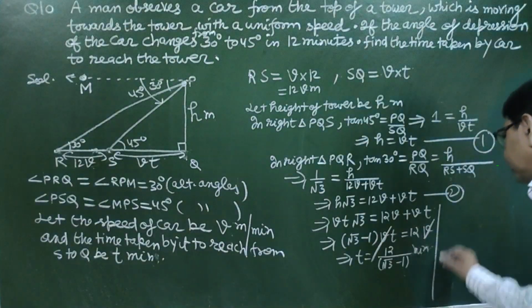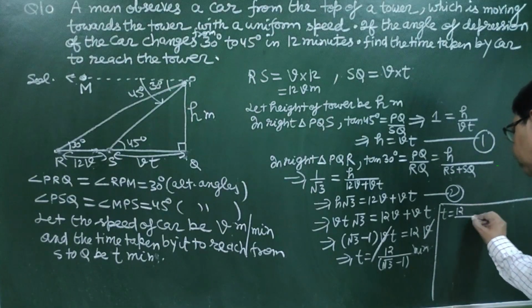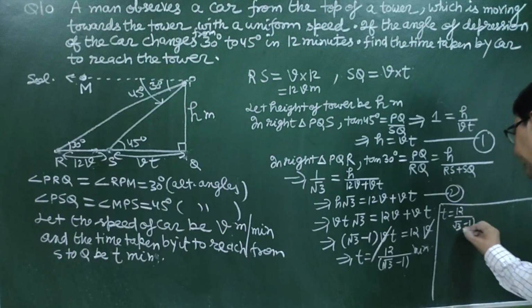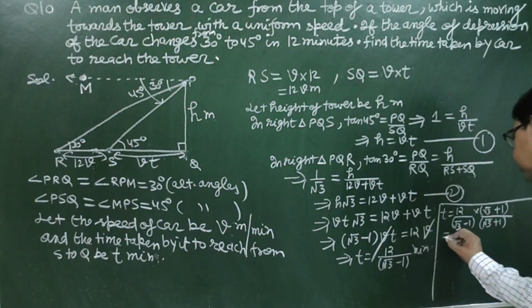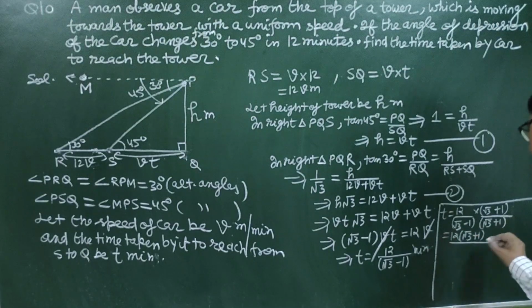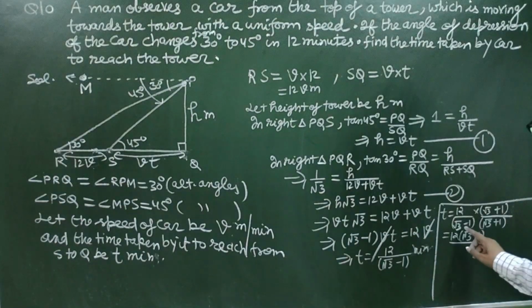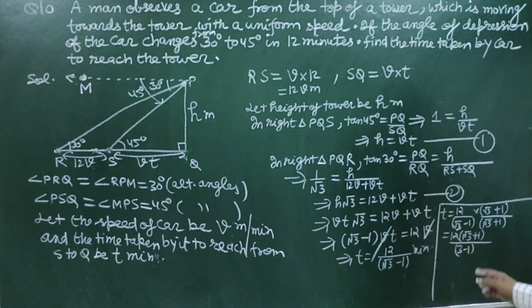Now we can rationalize it to get the value. T is equal to 12 upon root 3 minus 1 into root 3 plus 1 upon root 3 plus 1. This gives us 12 into root 3 plus 1, and in the denominator we have a minus b into a plus b, which is a square minus b square, so 3 minus 1, which is 2.